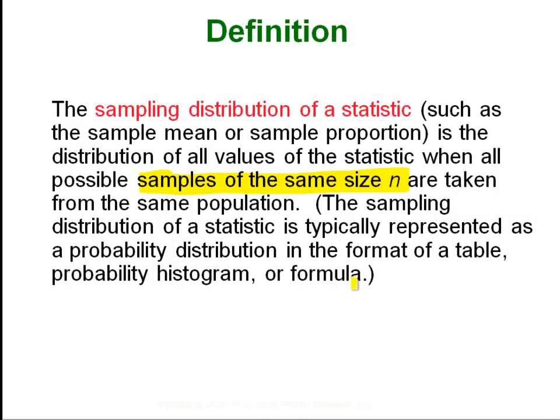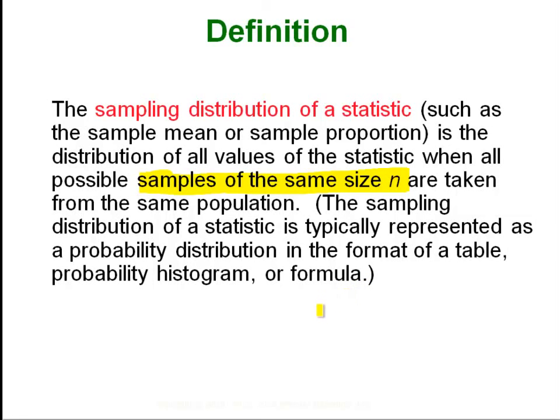You're going to calculate one of our descriptive statistics from that sample. What the sampling distribution does is it represents the frequency or the probability of getting a sample of size n with any particular resulting statistic.